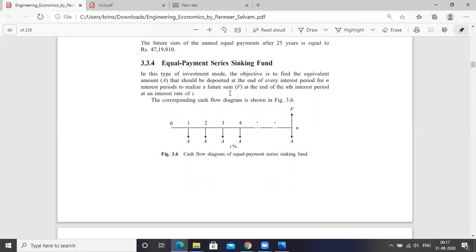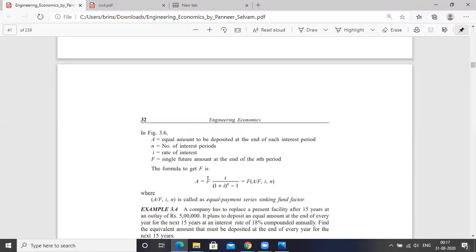Okay, so the formula here is that A is equal to F into I by (1 plus I) power n minus 1. Or else you can simply say that A by F is equal to the inverse of F by A, right? So you can have the inverse.